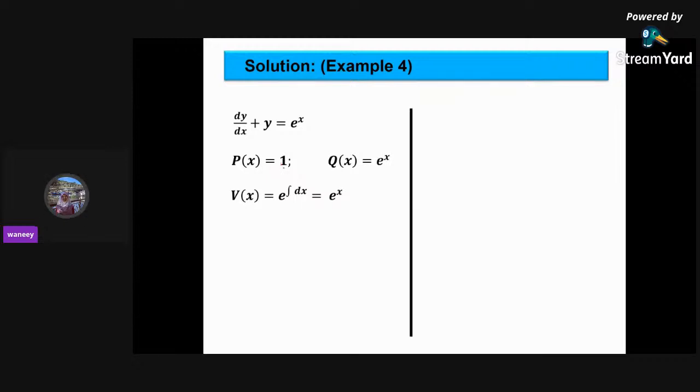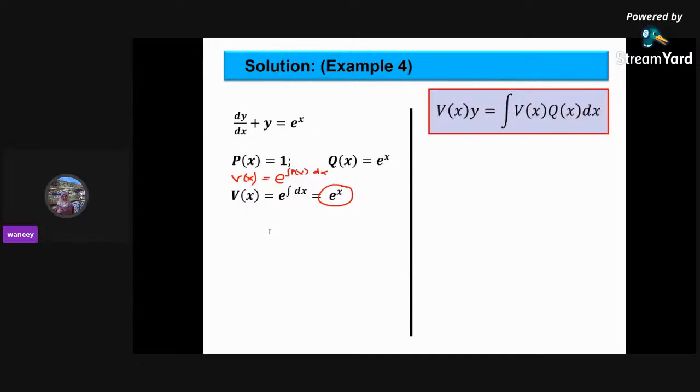So integrate 1 dx, which is simply x, so it becomes e to the power of x. And then we're going to substitute into the formula.